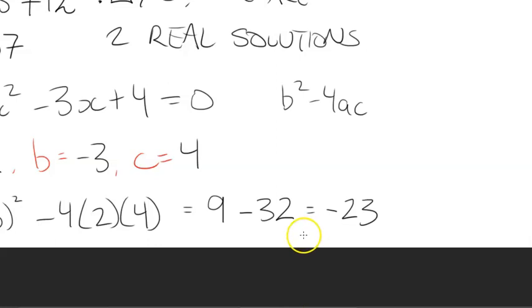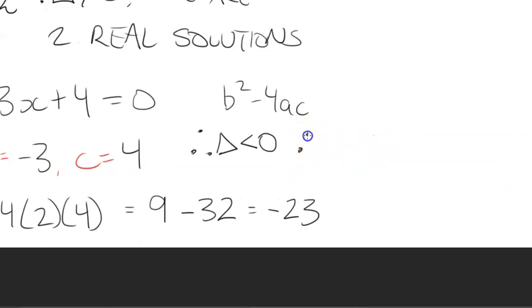If my math is correct, yep, negative 23. So therefore, the discriminant is less than 0. Therefore, no real solutions.